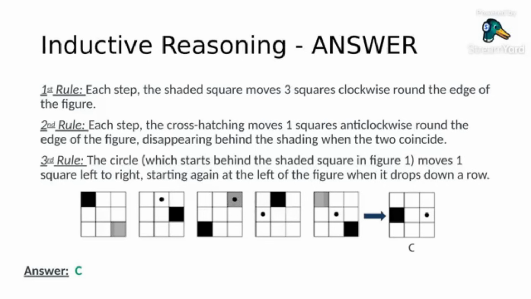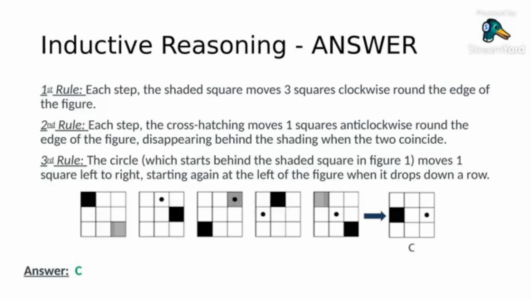Okay, ang movement ng isa ay clockwise, three squares ang pag-move, ang pagbilang, while yung pong isa ay anti-clockwise or counterclockwise, pa-kontra naman siya at isa lang po ng isa ang step.